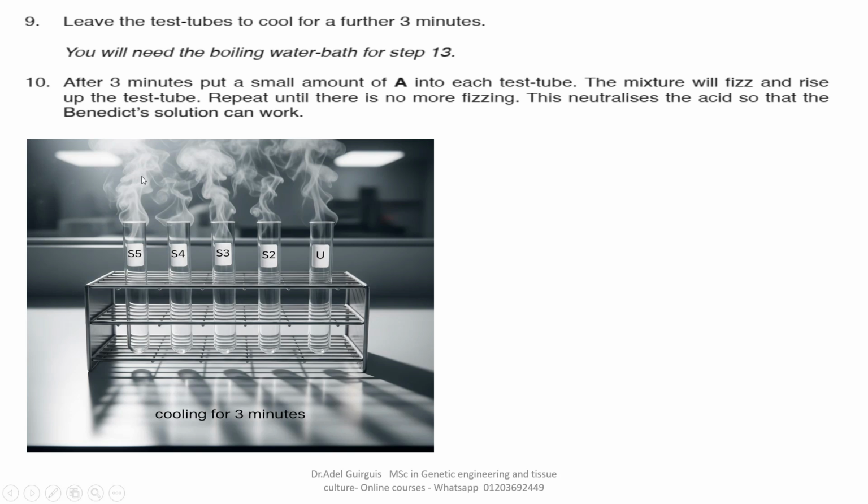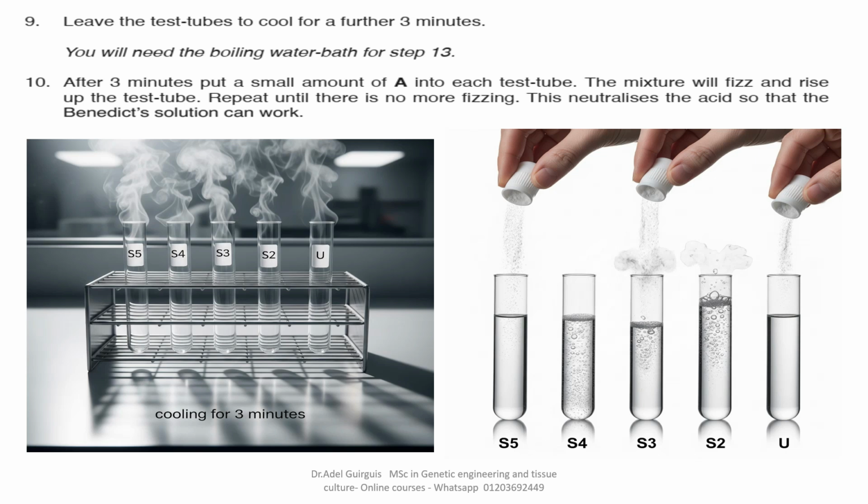Now after 3 minutes, put a small amount of sodium hydrogen carbonate. Here in this exam we neutralize the acidic content of each test tube by using powder of sodium hydrogen carbonate. How? By adding small pieces of white powder of sodium hydrogen carbonate.